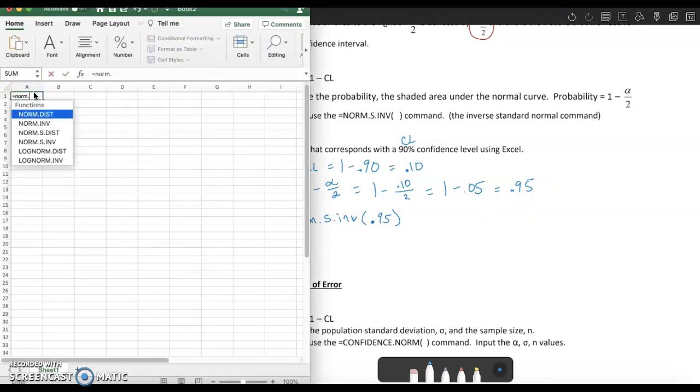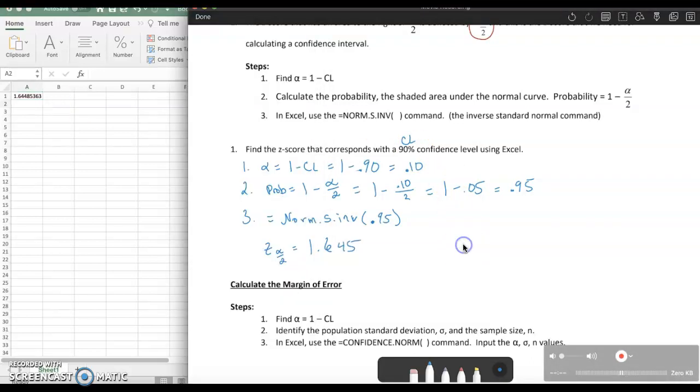Equals NORM.S.INV, our INV comes up. I'm going to type in 0.95 in this case and hit enter. And the z-score that I get of alpha over 2 in this case is, I'm going to say 1.645. I'm going to keep 3 decimal places. So that's what we get there.